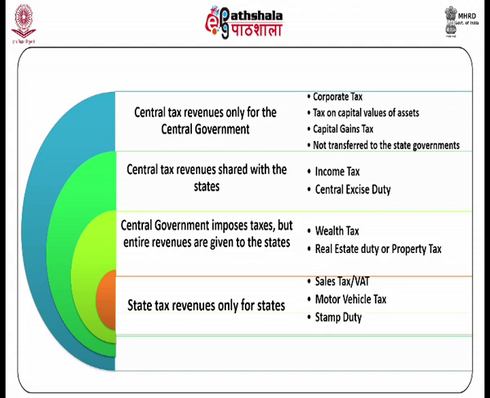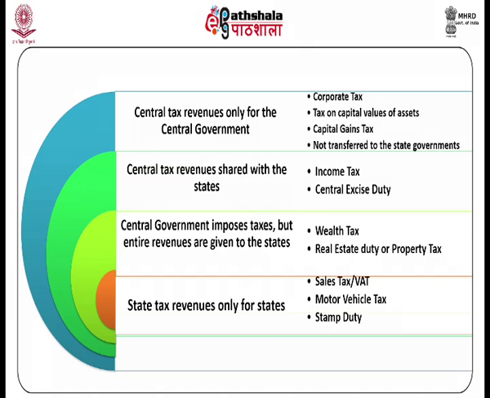Central tax revenues shared with the states. The central government levies taxes, but a part of the revenue is shared with the states. For example, income tax and central excise duty. The central government imposes taxes, but entire revenues are given to the states.